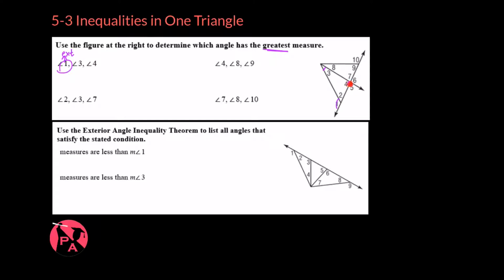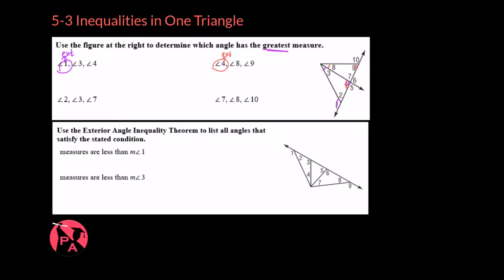So angle 4 is the exterior angle and the other two are remote interiors. That's why angle 4 is going to be the greatest angle of these three.